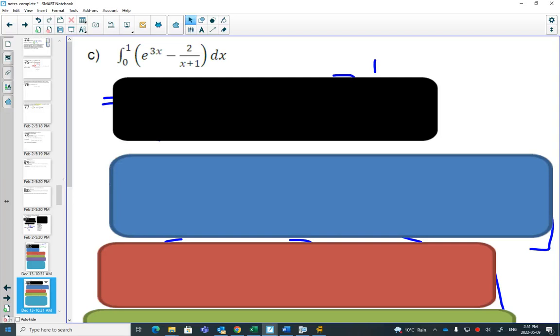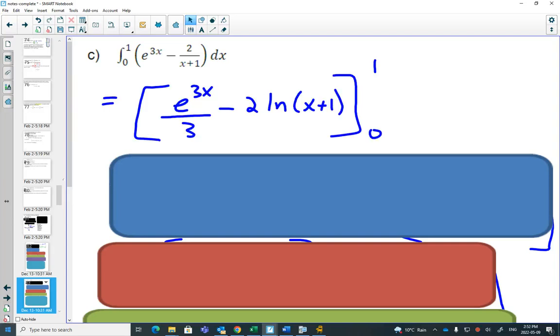So I'll put up the answer for this one so you can check how you're doing. There is the integral of e to the 3x and the integral of 2 over x plus 1.